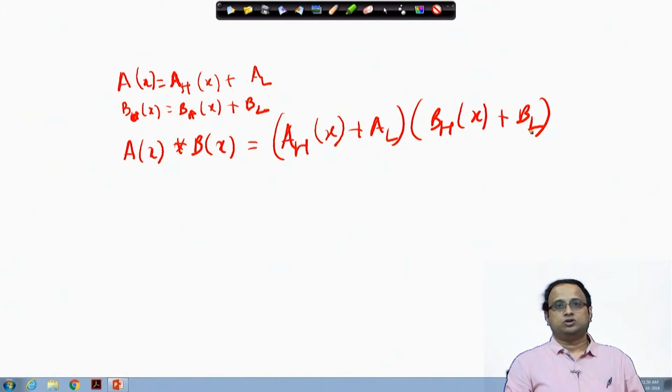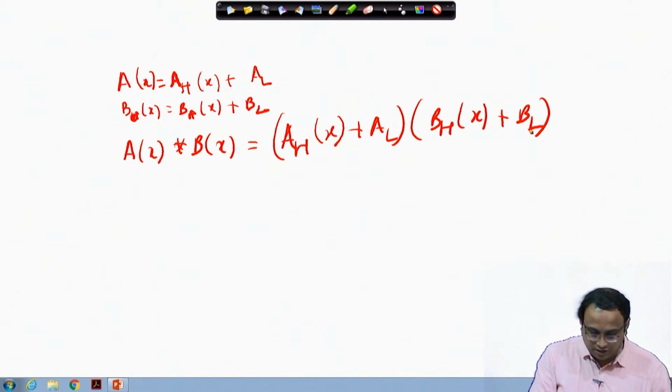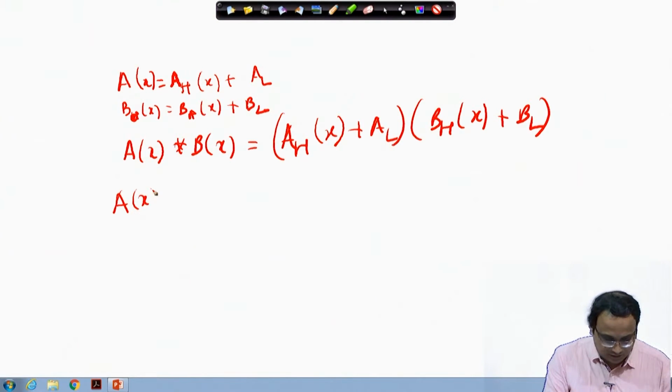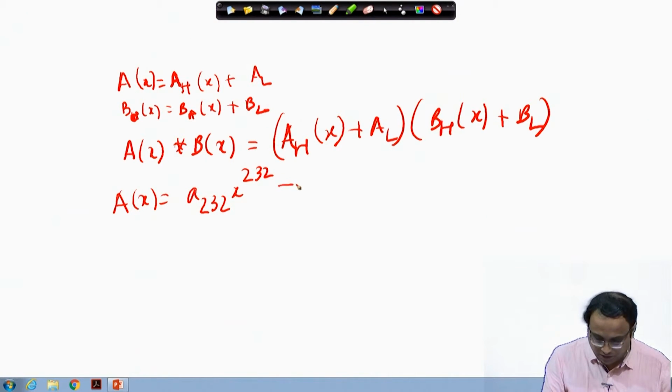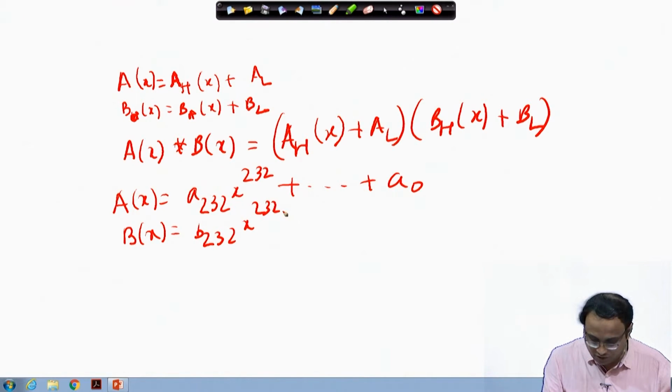Let us take an example. In our case, A(x) is nothing but A232 x to the power of 232 plus so on till A0. All these coefficients are 0, 1 elements. Likewise, I take B(x), which is B232 x to the power of 232 plus so on till B0.